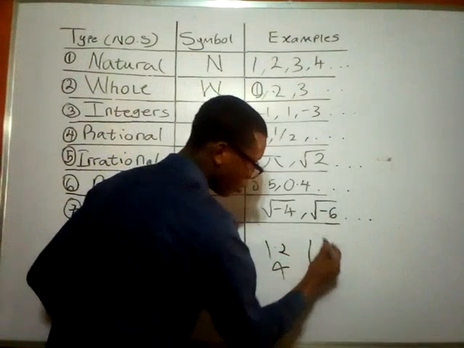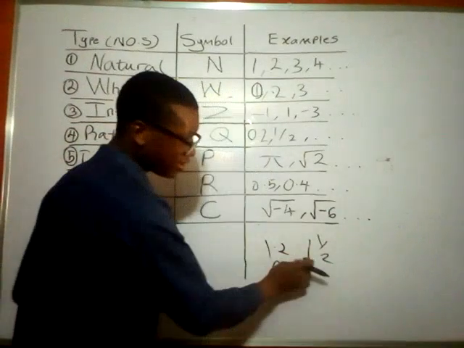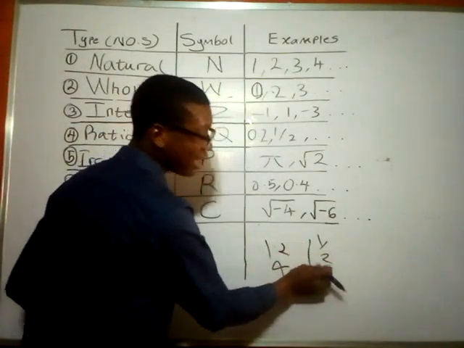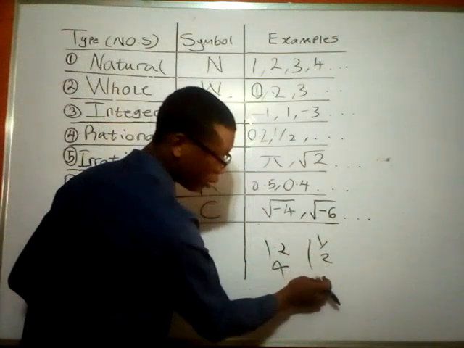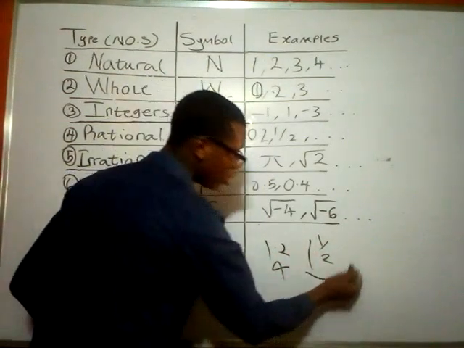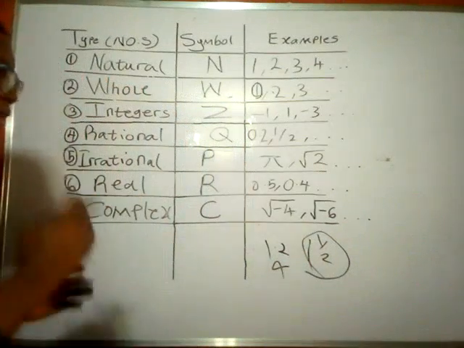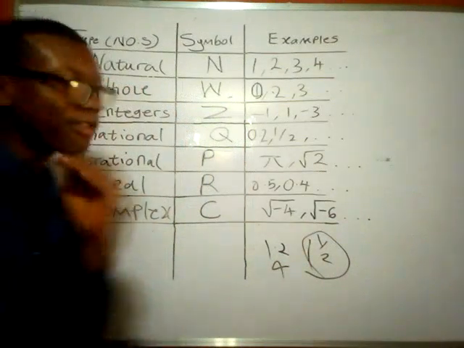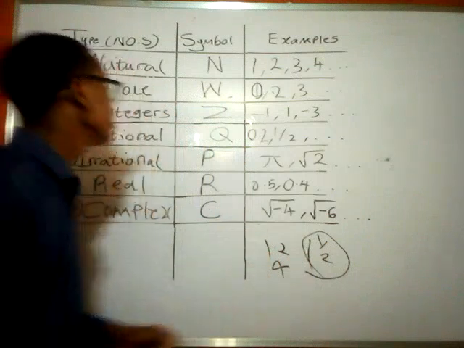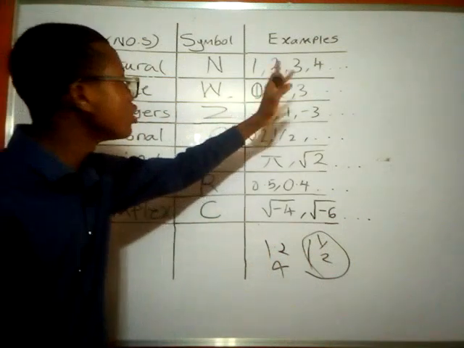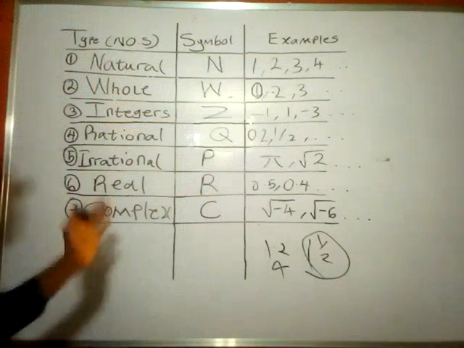One and a half, 1 over 2, is 1.5, and it's not a whole number. Any number that is to be a whole number must be complete. It must not have any fraction or decimal with it. So we have examples 1, 2, 3, 4, 5, and so on.